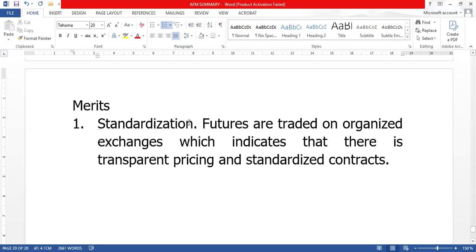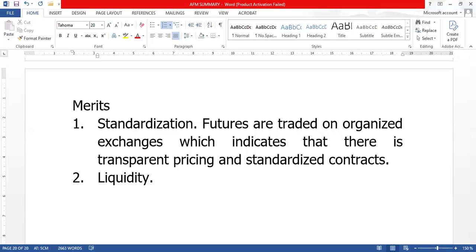It brings transparency in terms of the price, and you can easily know the number of contracts you can buy.